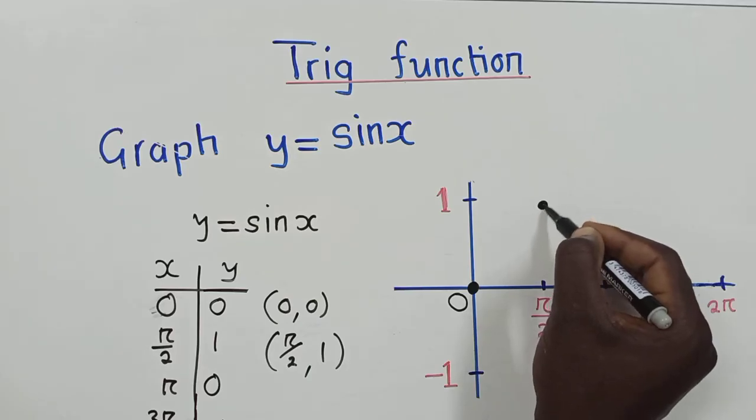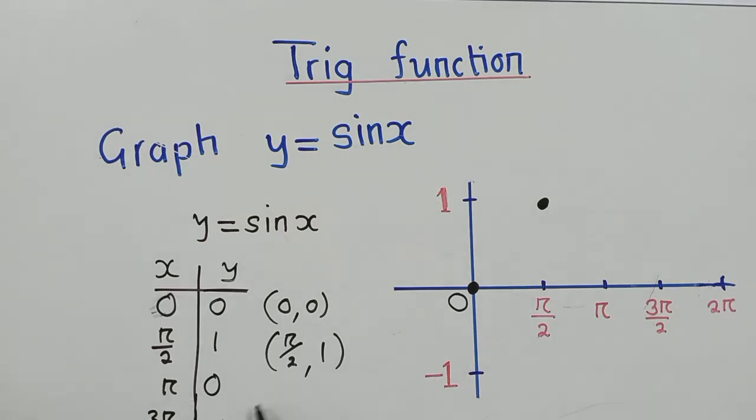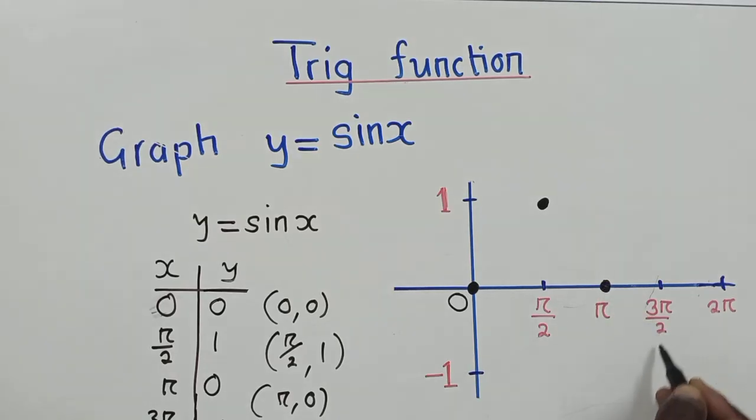So our point will be right here. The next thing will be pi, comma 0. It will be here. Next, we've got 3 pi over 2, comma negative 1. It's right here. Next, we have 2 pi, comma 0. It will be right here.